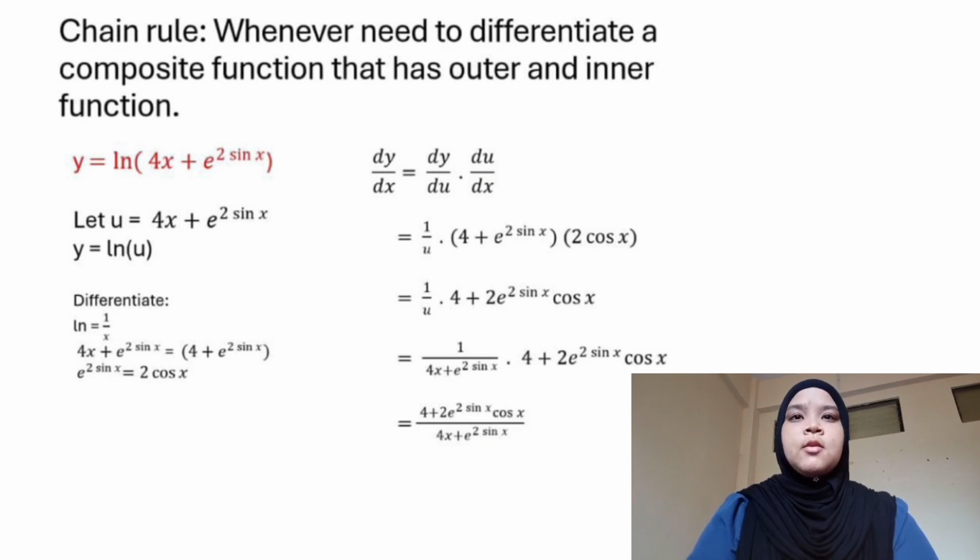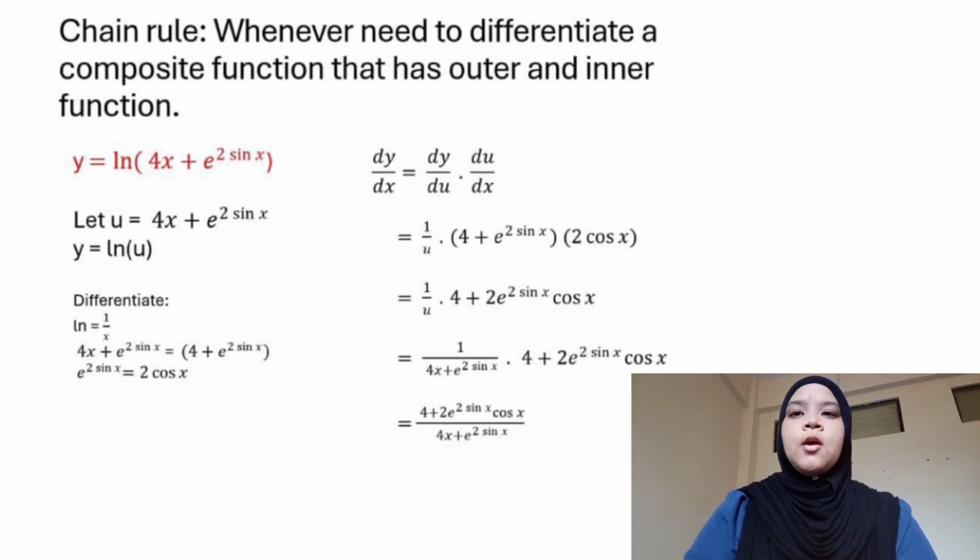So next, we write the general equation, which is dy/dx equals dy/du multiplied by du/dx. So our dy/du is 1 over u, and our du/dx is 4 plus e^(2 sin x) times 2 cos x.